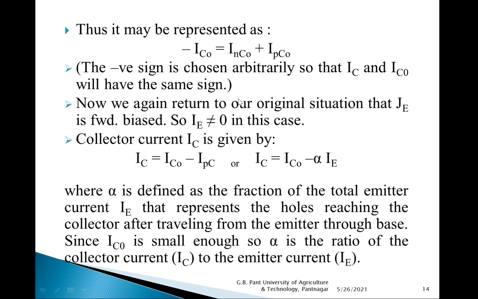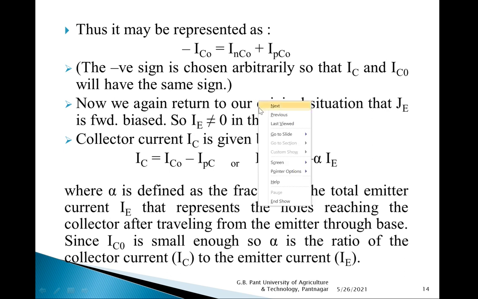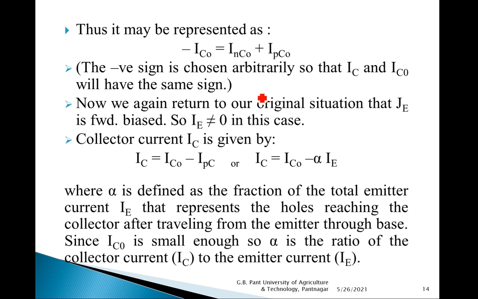So this collector current can be represented by this formula, that is minus ICO equals ICNO plus ICPO. Now this negative sign in this formula is chosen arbitrarily so that IC and ICO will have the same sign, because the reverse saturation current and the collector current will have the same sign.